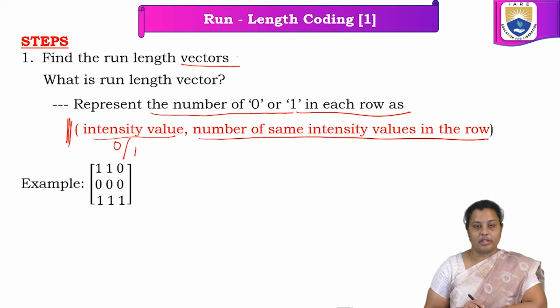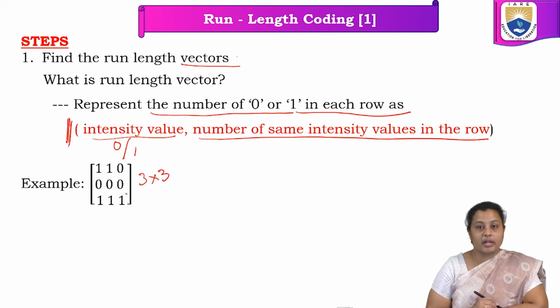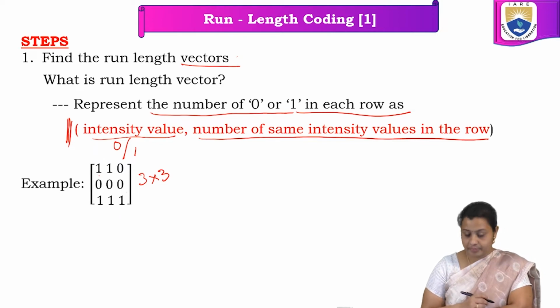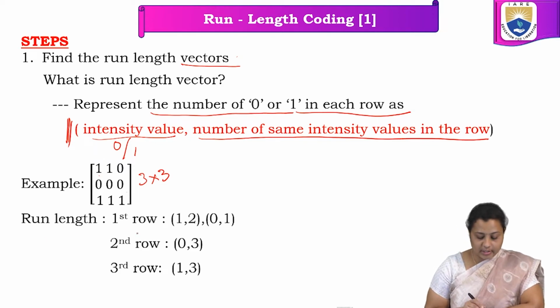We will see an example here. We have a 3x3 binary image with 0s and 1s. The first row has two ones and one 0. Then we have three zeros and three ones. So the first row can be represented by the intensity value 1 and the number of those intensity values, so two ones, and then 0 of 1.